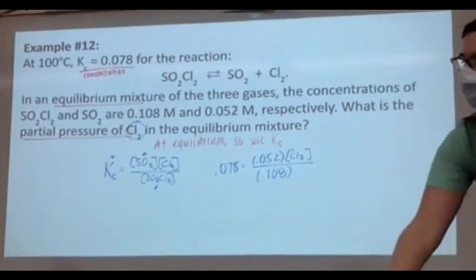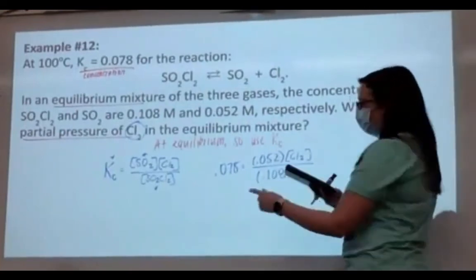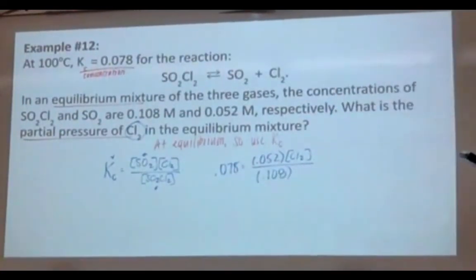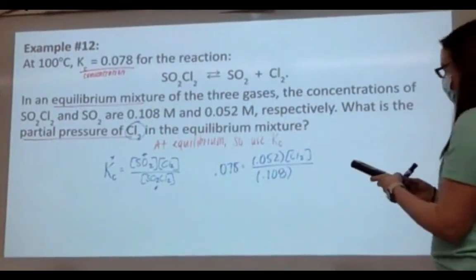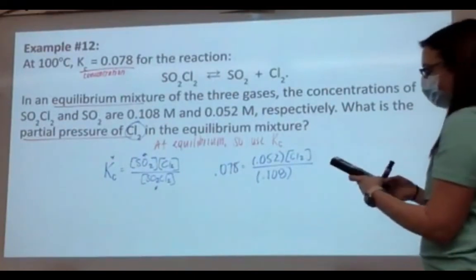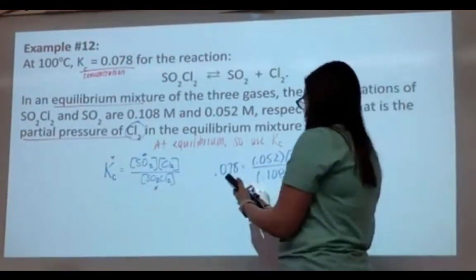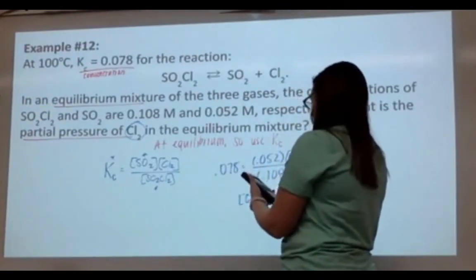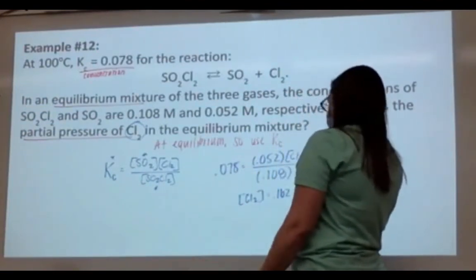So in order to solve, we have to multiply 0.108 over. So 0.078 times 0.108, and then divide by 0.052. The concentration of Cl2 is 0.162 molar.